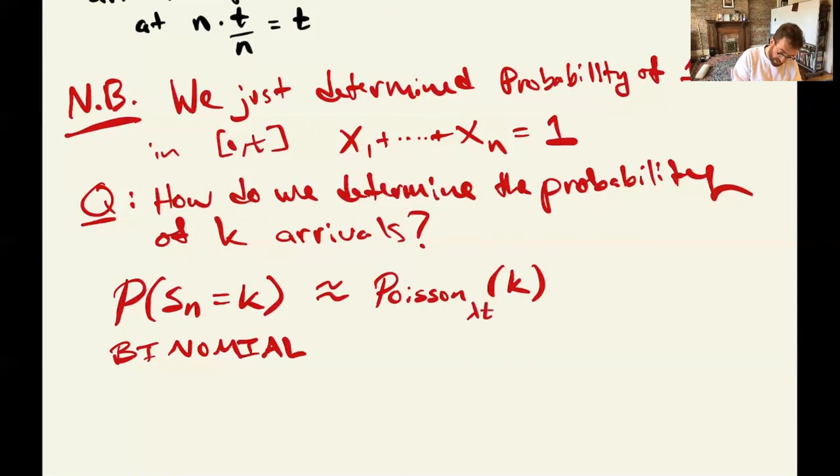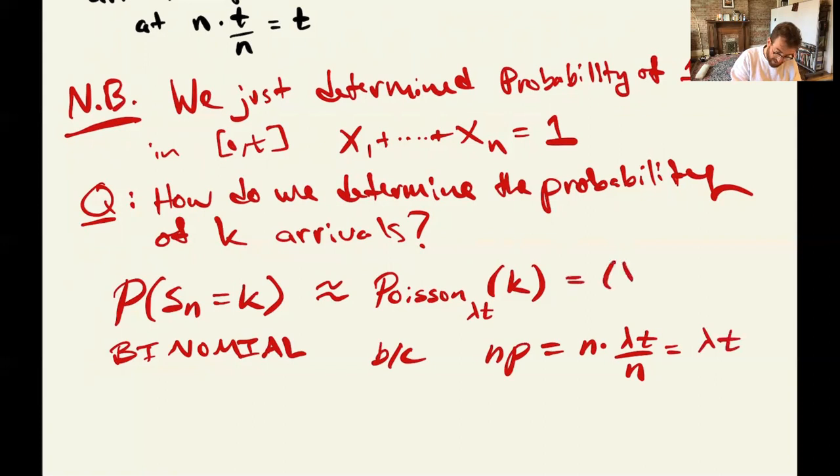So the parameter now is lambda t, because n times p is n times lambda t over n, which is lambda t. So this essentially means that we can now think of this as lambda t to the k over k factorial e to the minus lambda t.